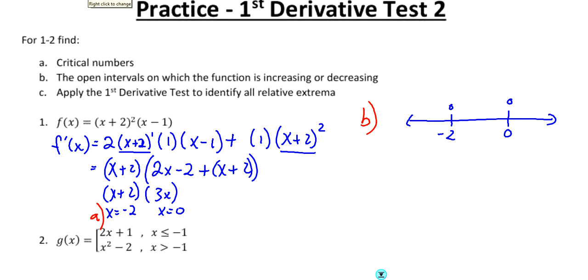Then I plug in -3 into my derivative. I get a negative for the first factor and a negative for the second, so a negative times a negative is positive. Then you plug in -1 and do the same thing: a positive times a negative, which is negative. And then plug in positive 1 and you get a positive.